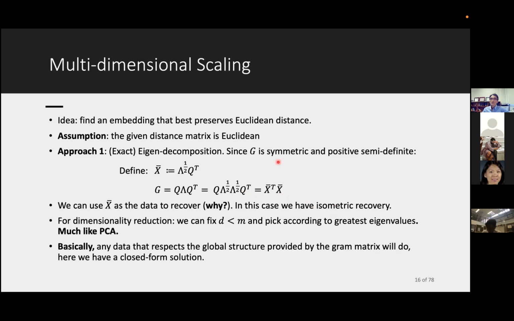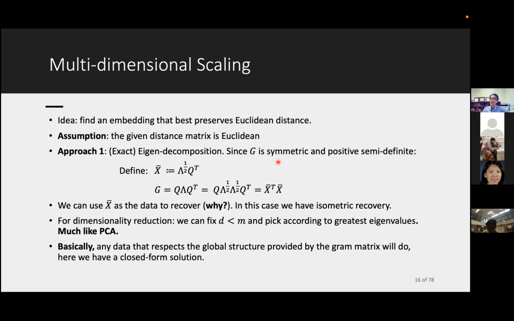X transpose X is an inner product between the various rows and columns of X, right? Yes. So what it means is that we have represented the gram matrix, which is the inner product, as an inner product of a certain representation. As long as the pairwise inner products are exactly the same, they preserve all the distances, because the distance between any pair of points is defined by the inner product.